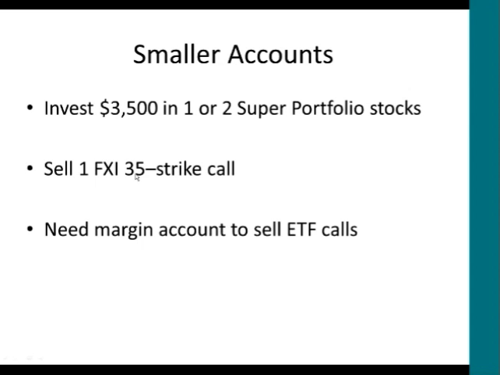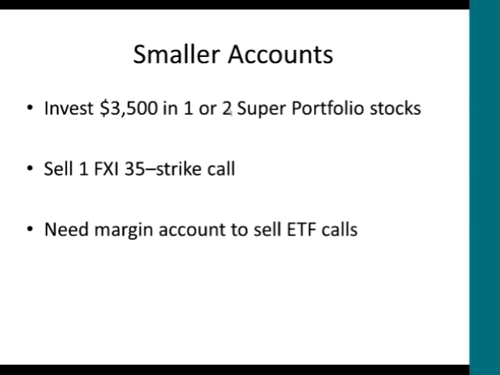Well, to create the super portfolio spread, you'd purchase roughly $3,500 in super portfolio stocks, and you could also divide that $3,500 up and actually buy 2 super portfolio stocks if you invested $1,750 in each one.